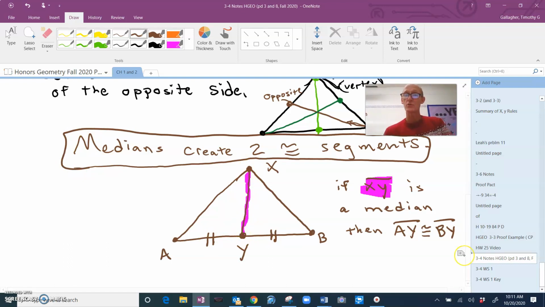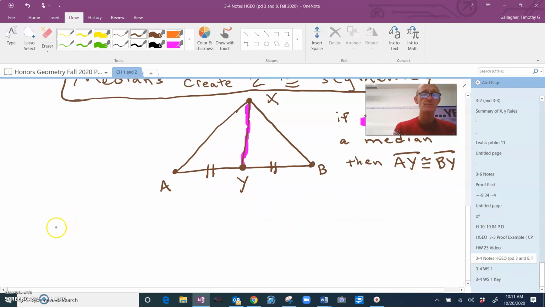So that's what medians do. That's what they are, and that's what they create. They are segments going from a vertex to the opposite side's midpoint, and they create two congruent segments. That's what medians are.